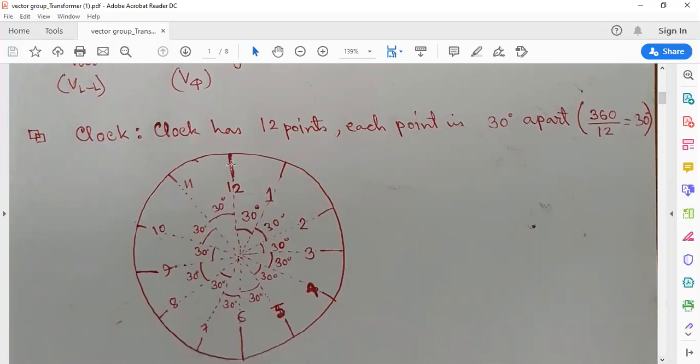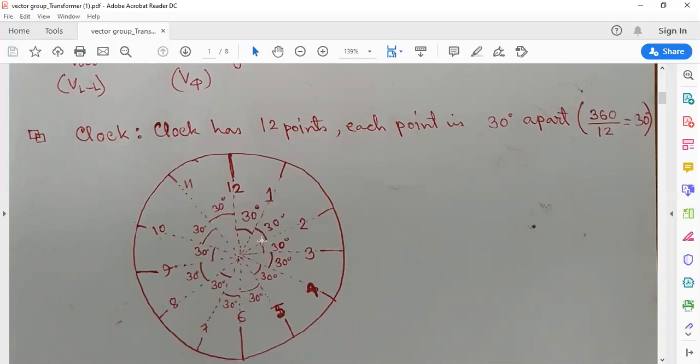Now you can see that from 12 to 12, we cover a circle, so it is 360 degrees. If we divide 360 degrees by 12 portions, we get 30 degrees. So from 12 to 1, there is a 30-degree difference. From 1 to 2, there is a 30-degree difference.